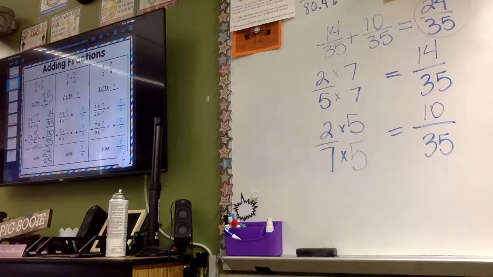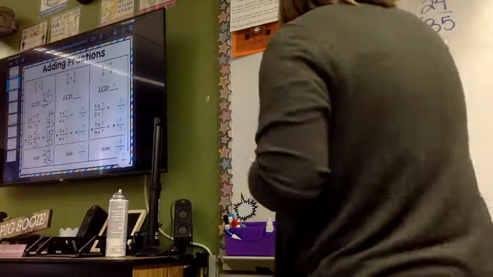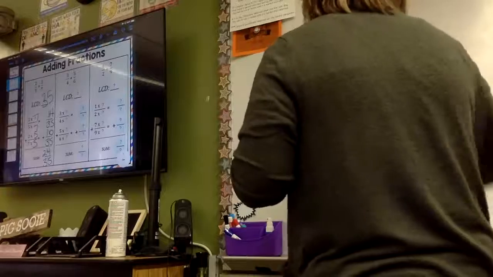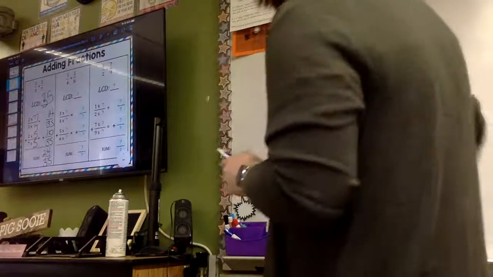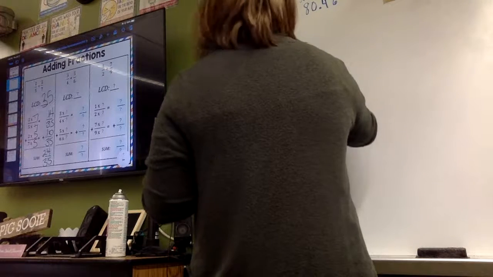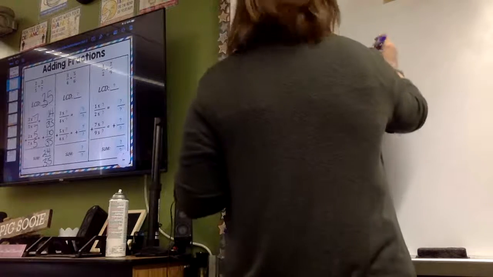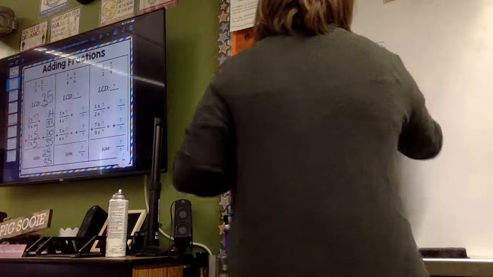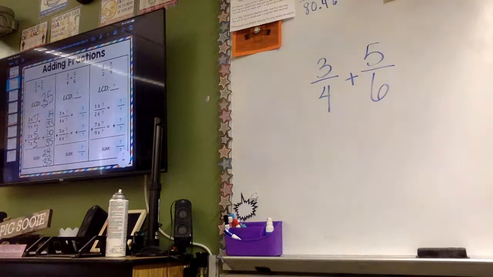I do. All right. On number 2 over here, I'm going to show you the butterfly method. Okay? So the first thing I'm going to do is write down my fractions. So here are my fractions, okay? Everybody with me so far?